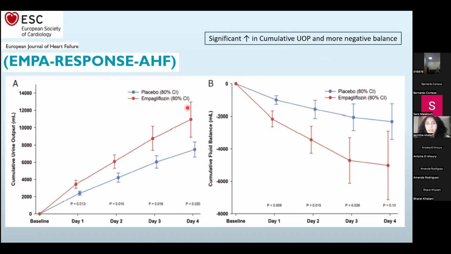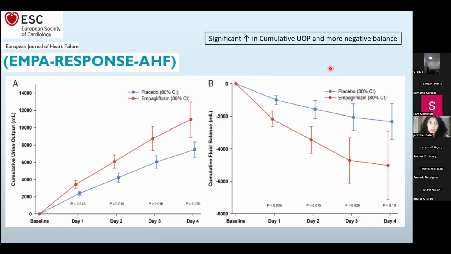So it's not nephroprotective? No, this is a diuretic effect. Maybe it can also be nephroprotective, but it's not shown in this slide, actually. Oh, okay. I see what you mean. And fluid balance, okay, not significant. Not at day 4, but previously.